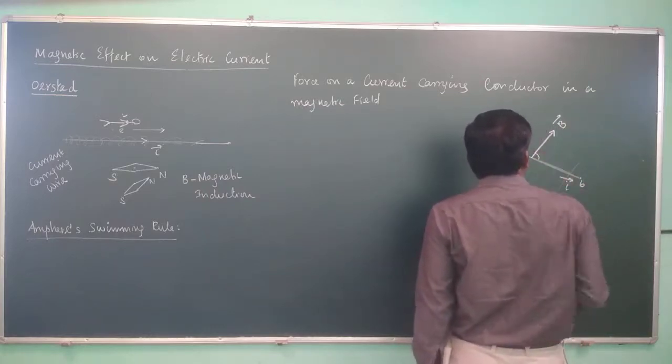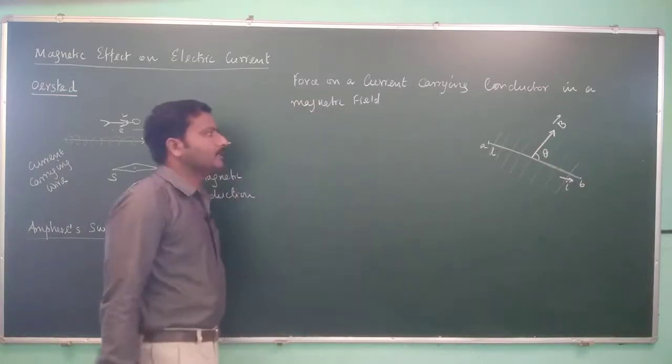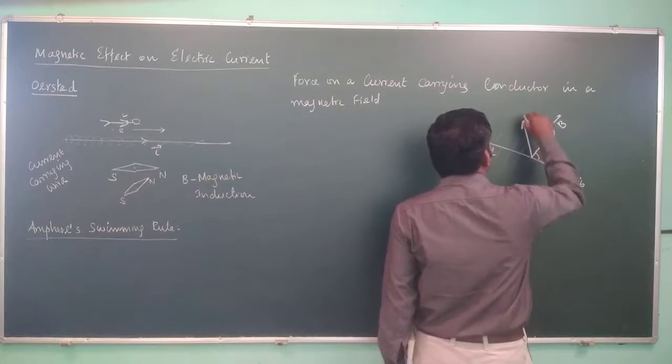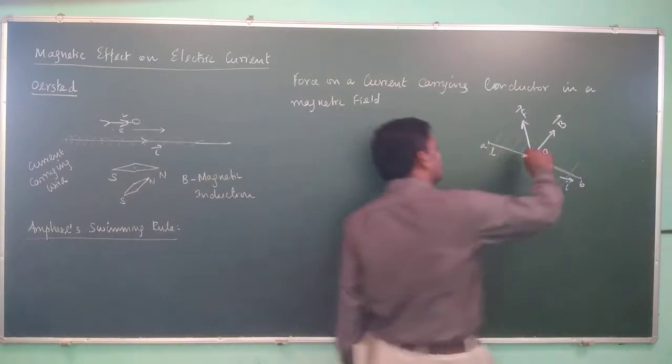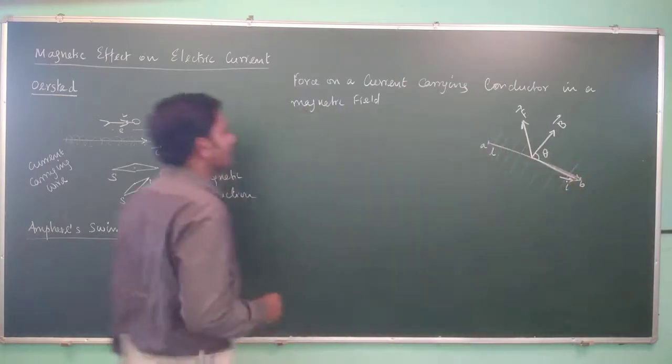The angle between these is theta. Now there would be some force because of that, let it be F. Now we have to write an equation for this force. That is our idea, right?